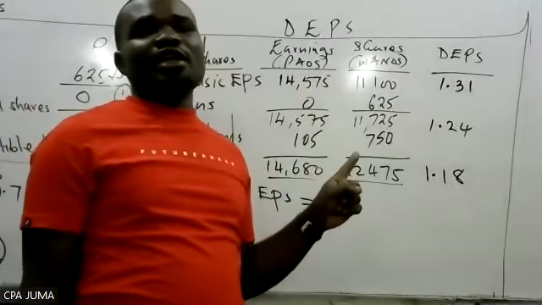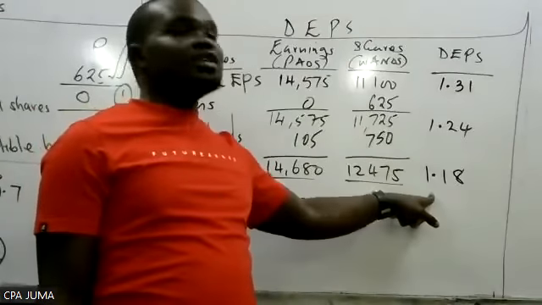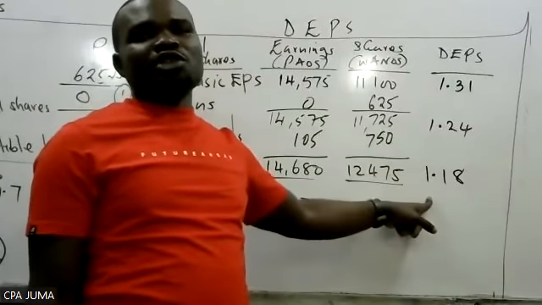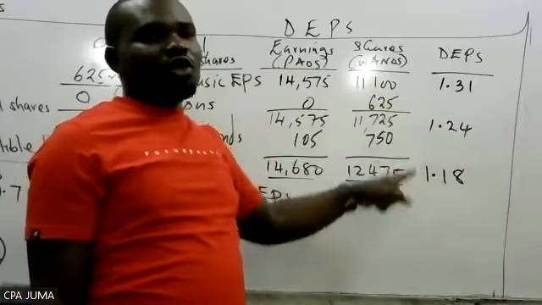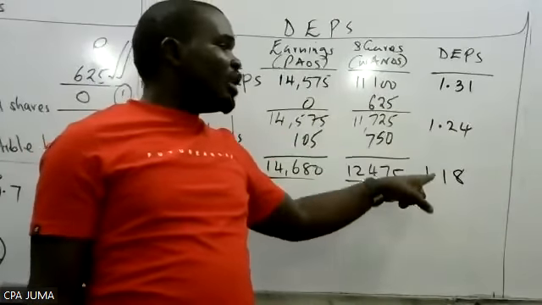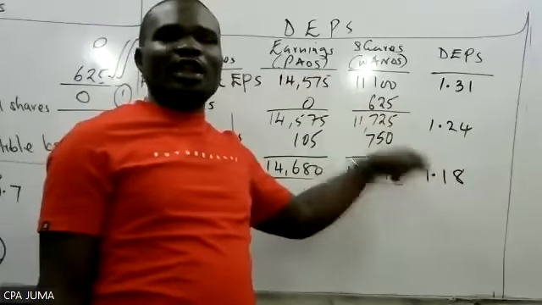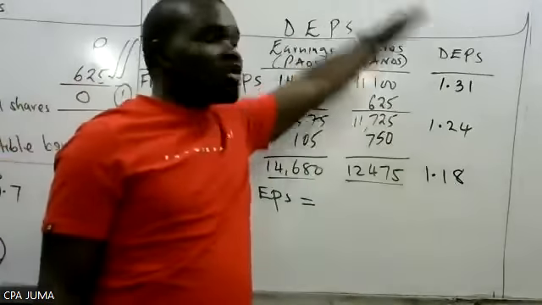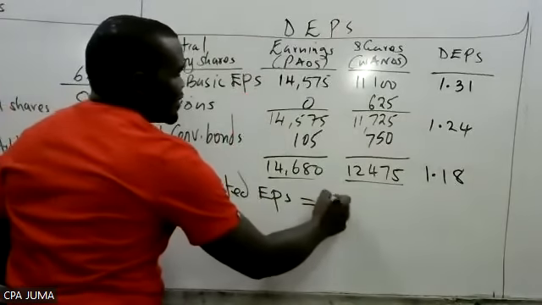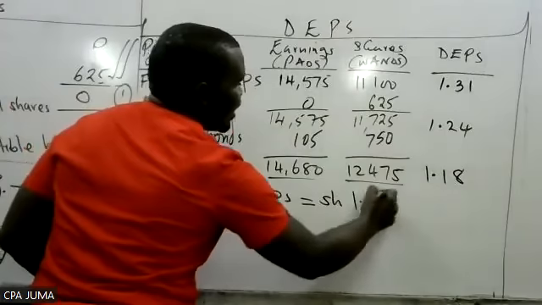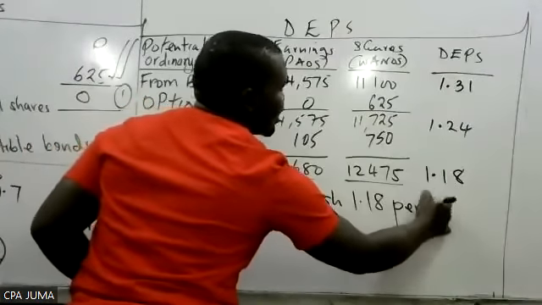It is a coincidence that here the last is the least. In some questions, the least can be in the middle. So in this one here, the last is also the least. So you pick the least of all these ones here. So diluted EPS is shillings 1.18 per share.